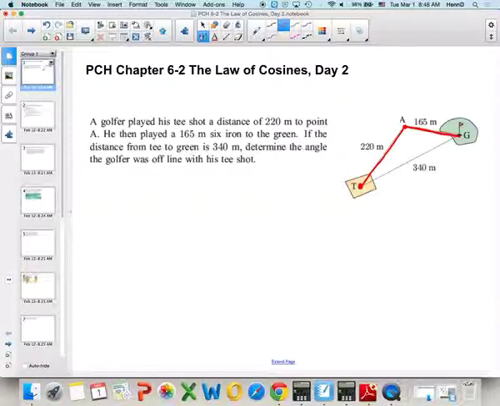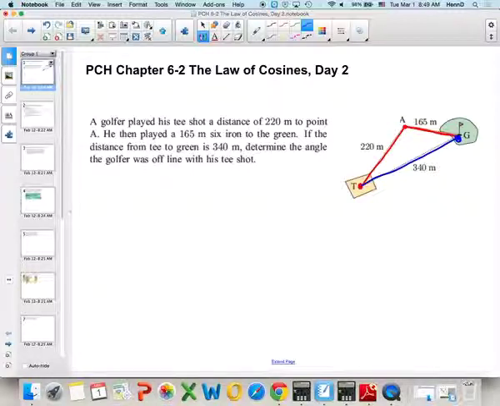Now, if he had shot it straight, then he only would have had to hit the ball a total of 340 meters. So he ended up making the hole a lot longer than it needed to be, because he didn't shoot straight on his first shot. It says determine the angle the golfer was offline with his tee shot.